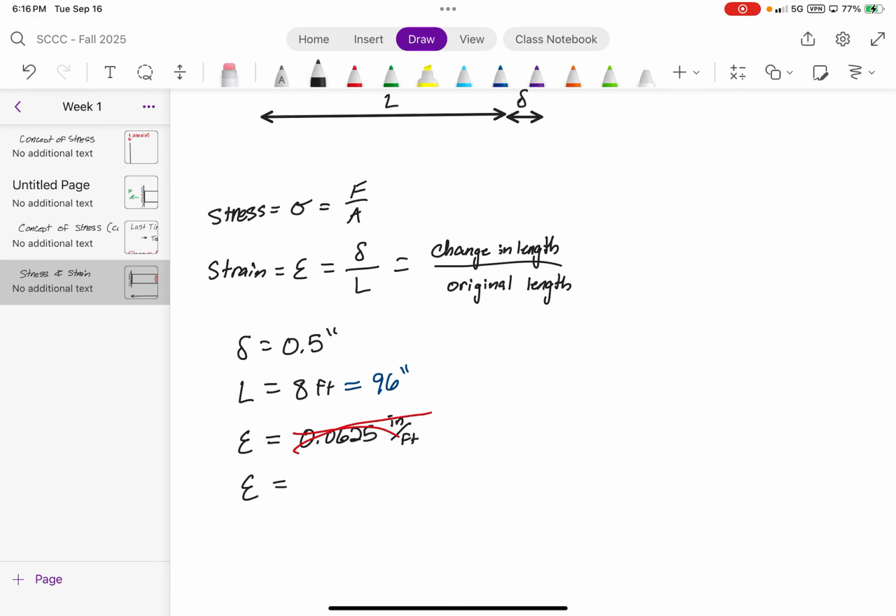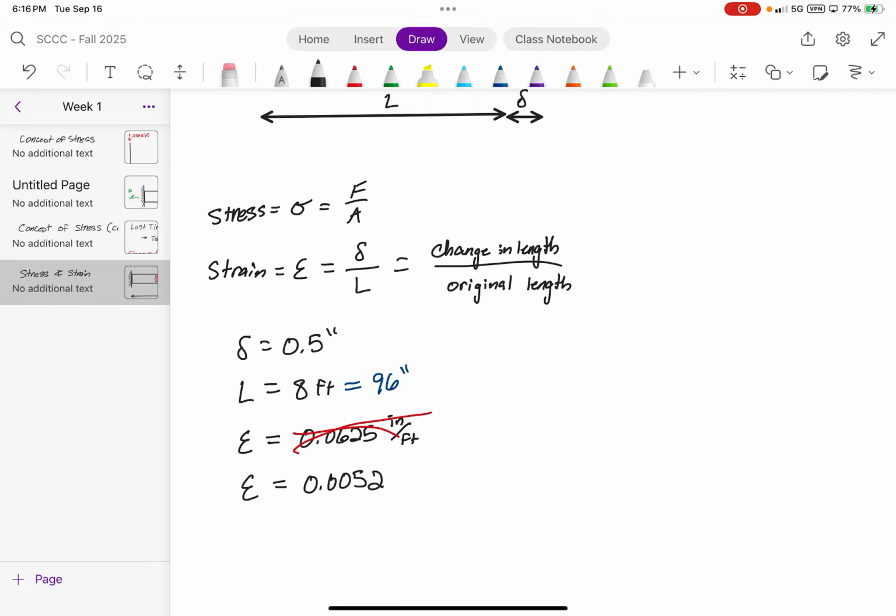And then let the strain equal 0.5 divided by 96, which gives you 0.0052.